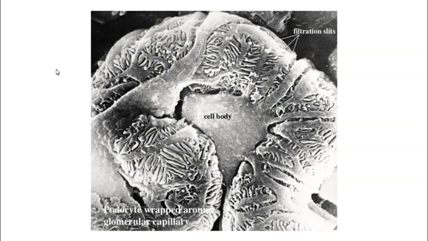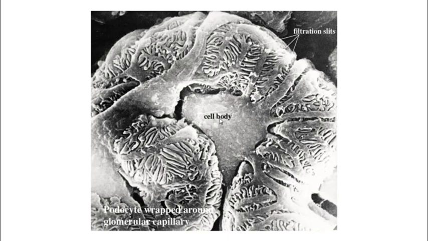If we look at a scanning electron micrograph of what these podocytes look like, you can see the cell body of a podocyte here. What you're not seeing underneath it is the glomerular capillary underneath this podocyte. The podocytes wrap them so tightly that we can't see it in this image.